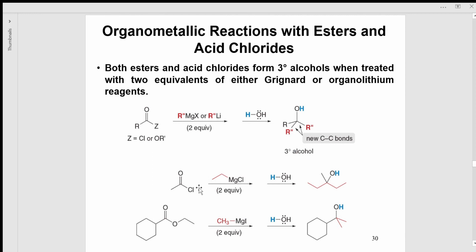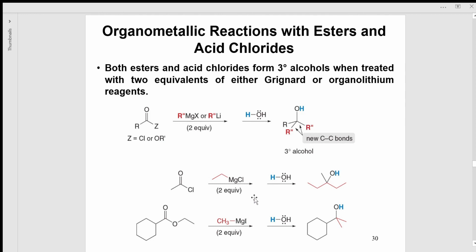Now let's take a look at the second group of molecules, acid chloride or ester. They react with either magnesium reagent or lithium reagent. The result is that the Z group is substituted by the organo part of either the magnesium reagent or the lithium reagent, and the ketone group turns into an alcohol group.